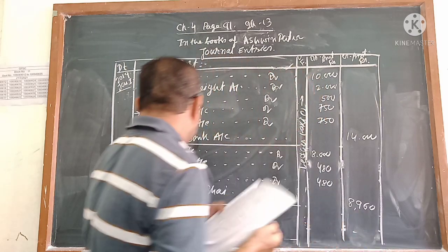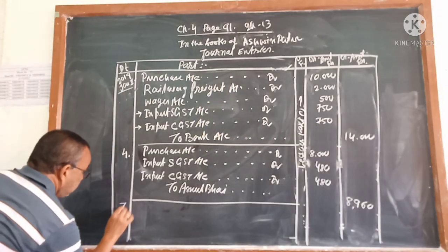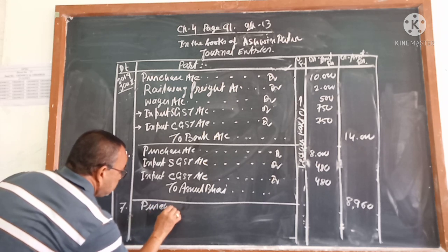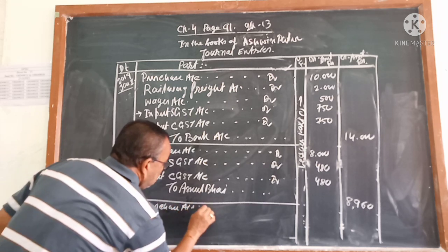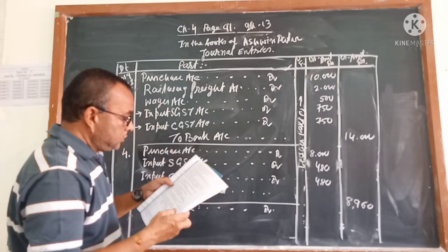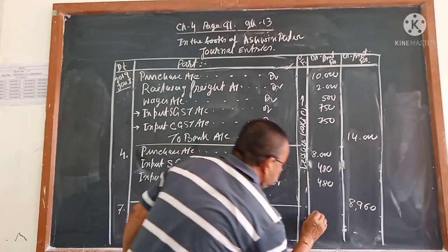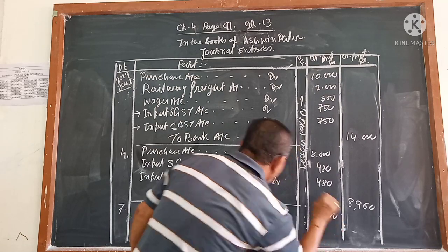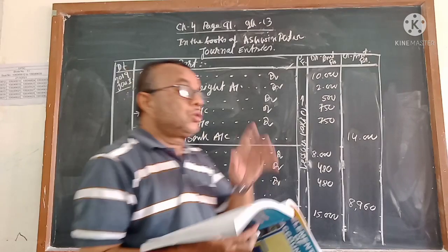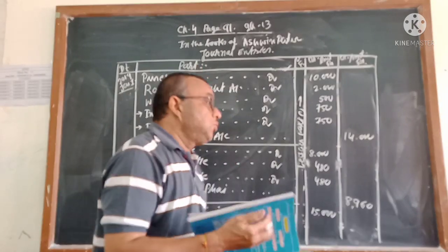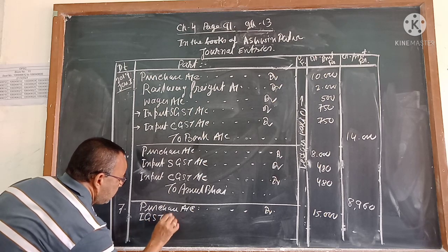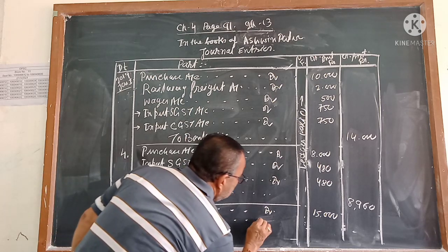Okay, the seventh one, I am writing it here. Purchase transaction. Purchase account debit, how much purchase? Goods of rupees 15,000. Central or state, both GST will not come, IGST will come. So IGST account will be debit.